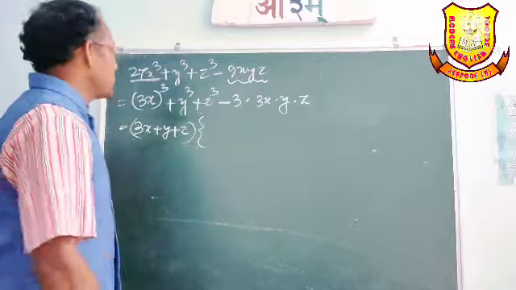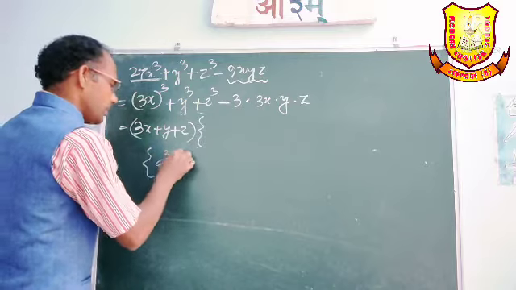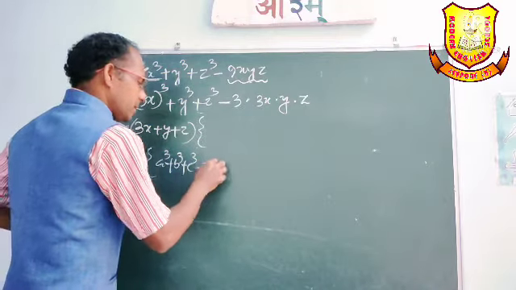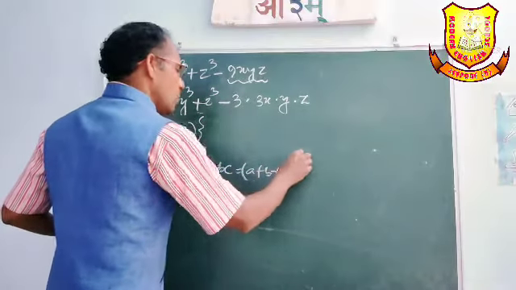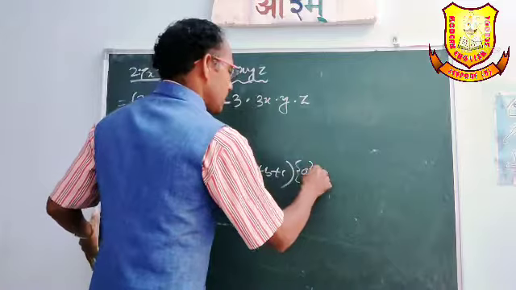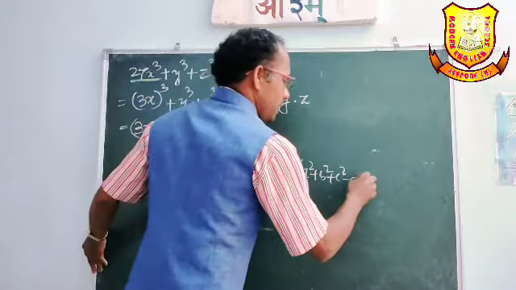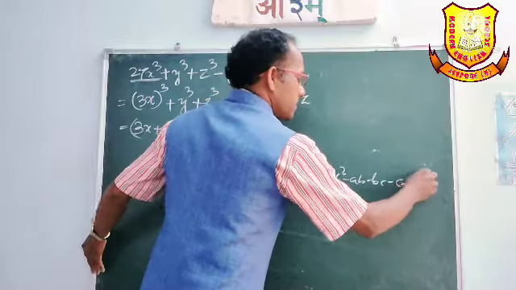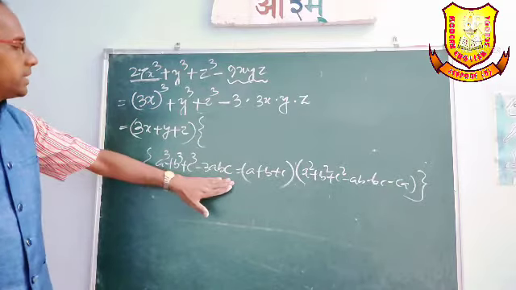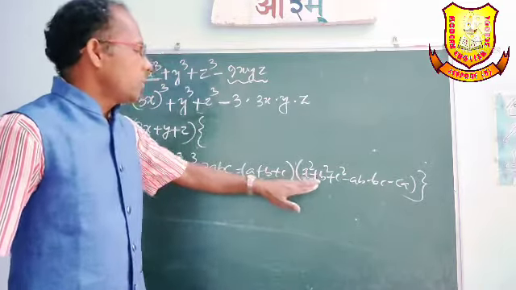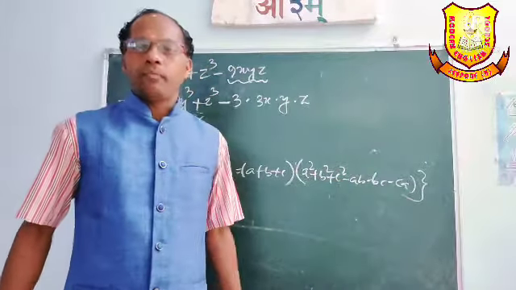The a cube plus b cube plus c cube minus 3abc formula here I am writing. A cube plus b cube plus c cube minus 3abc equal to (a plus b plus c) whole into (a square plus b square plus c square minus ab minus bc minus ca).